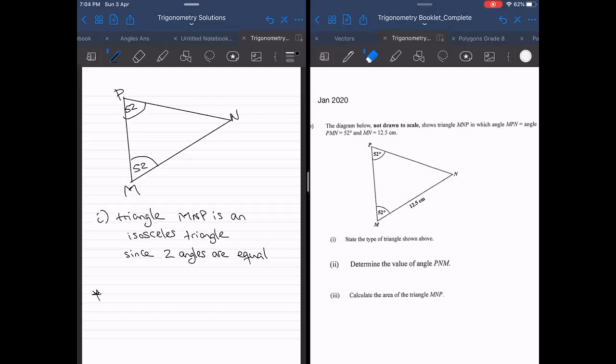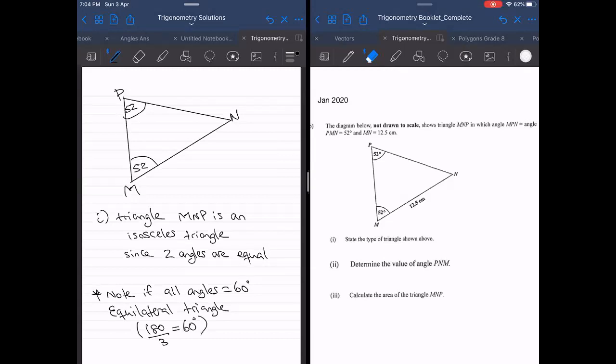All right, and we want to note if all angles equal 60 degrees, it would be an equilateral triangle, because it would be 180 divided by 3, which is 60. So no, it wouldn't be equilateral.